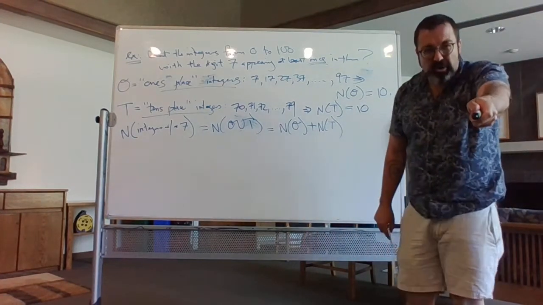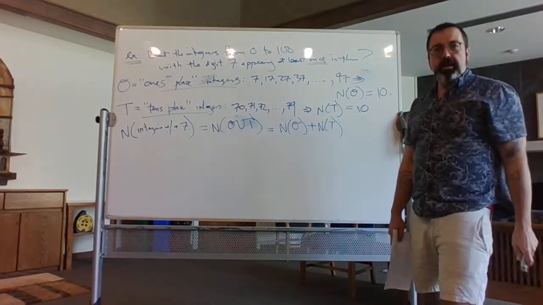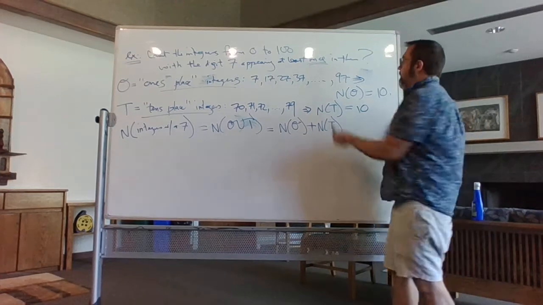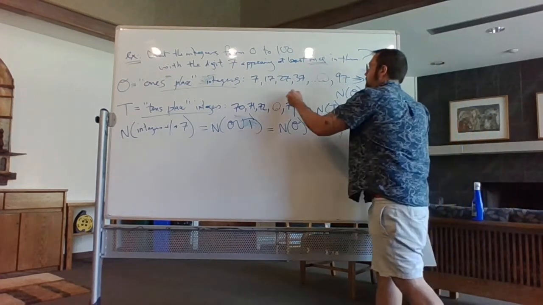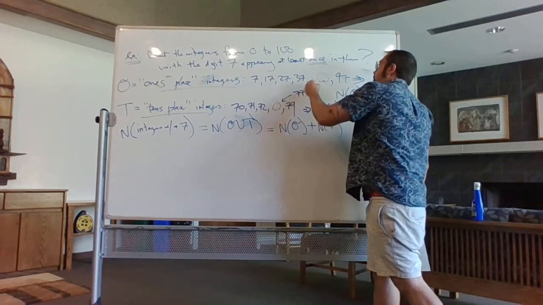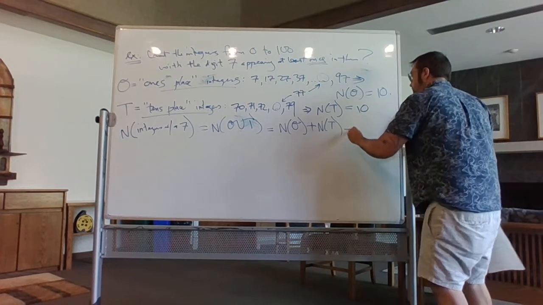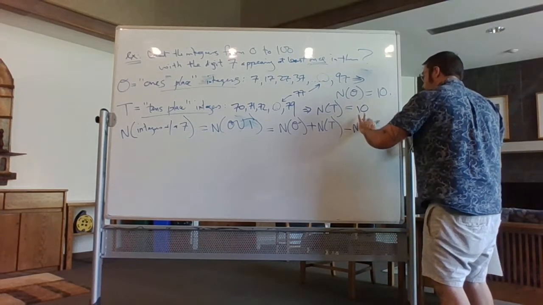They're not disjoint. If they were disjoint, it would just be the addition rule. But they're not disjoint. There's something in the intersection. And I was kind of sneaky because I stopped before we encountered it. There's one number in both of them. 77 will occur in both of them. That's the intersection of these sets. So we have to take that away.